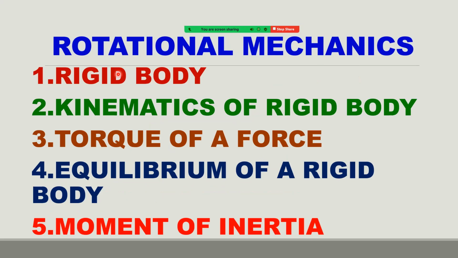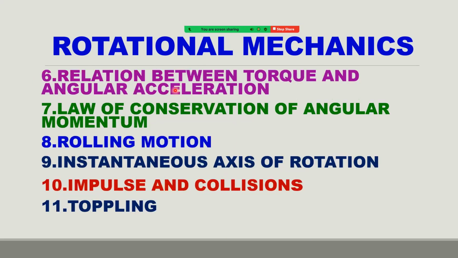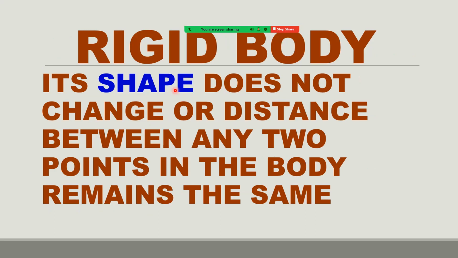It is rigid body. Rigid body means its shape does not change, or you can say the distance between any 2 points in the body remains the same. So if you take a body and apply force on that body, its shape is still not changing.